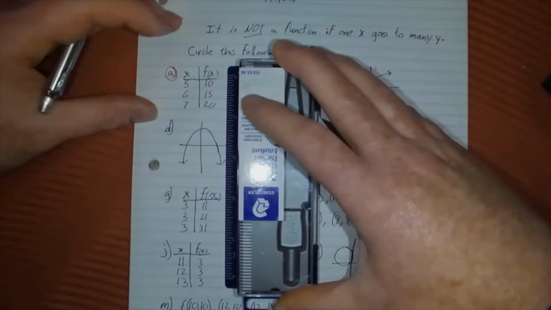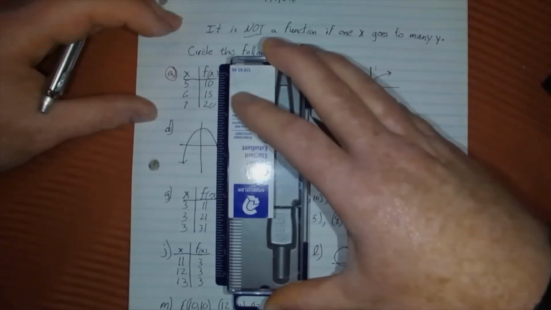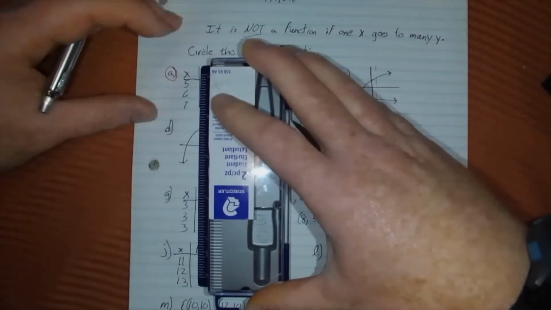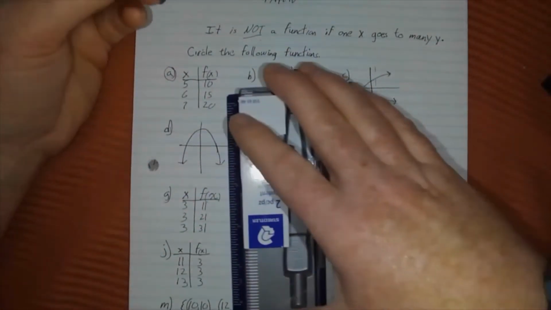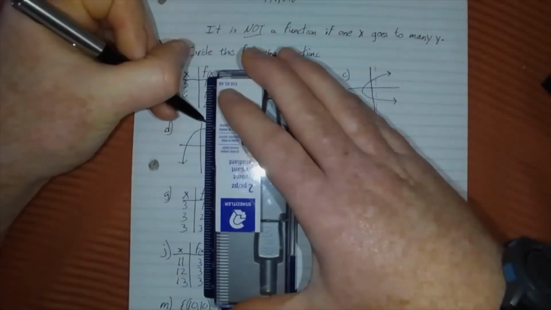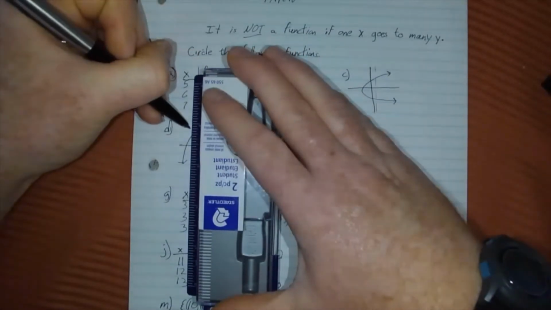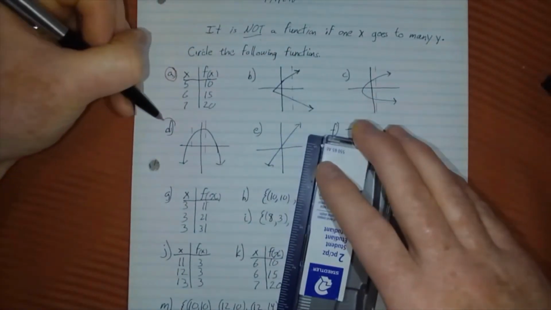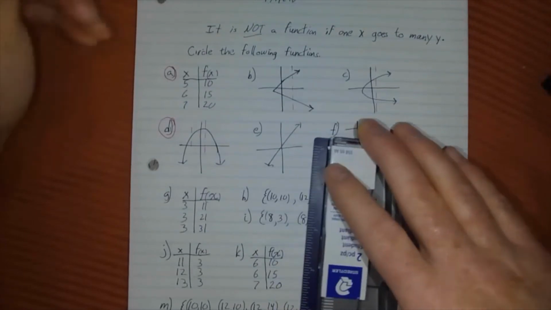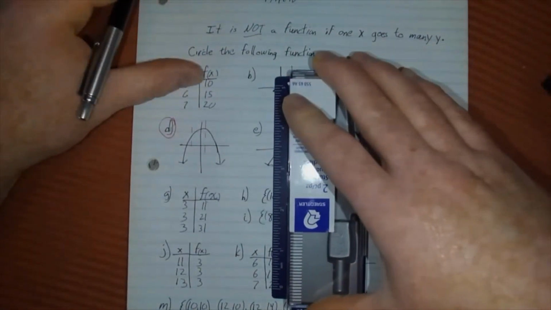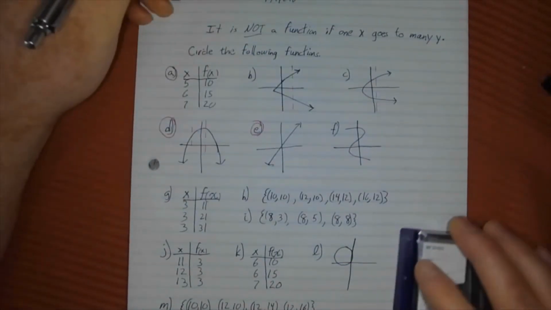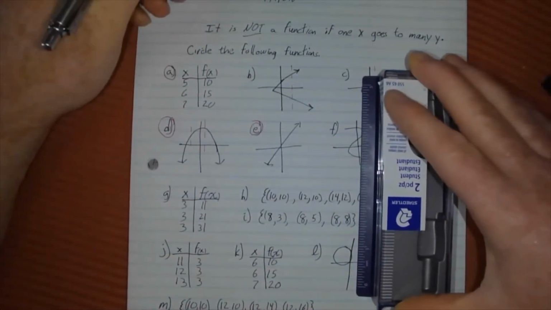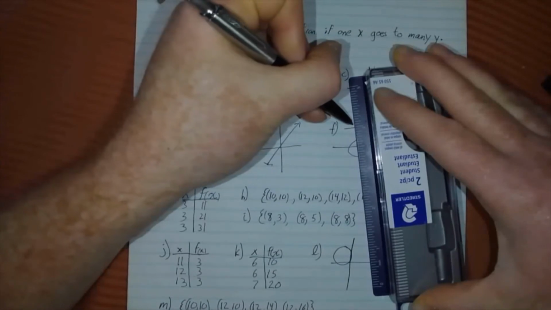Now this is an inverted parabola, and as you go through, these are going to continue extending, and at no point does it intersect more than one time. D is a function. E is a straight line. Go follow through. This is a function. F, wrong, not a function.